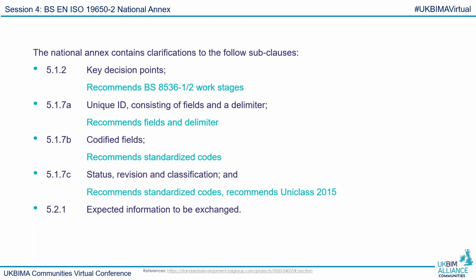And again, for status and revision, it's doing the same with standardized codes and points towards Uniclass 2015. And the idea that as default, it's recommending open formats, and there's an expectation potentially around the use of things like IFC and COBie to help add that kind of UK sphere of influence back onto the document in areas where international consensus couldn't be reached.